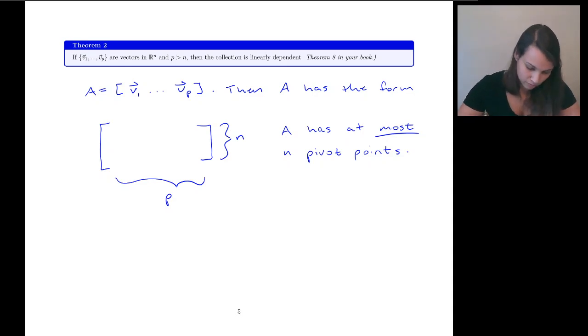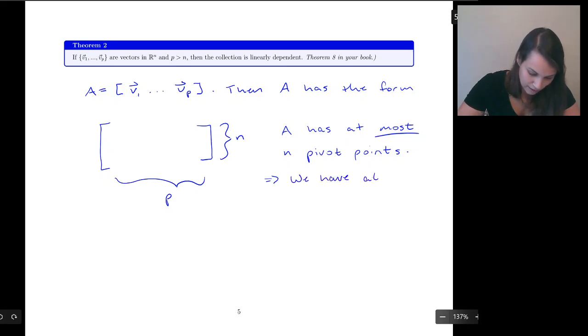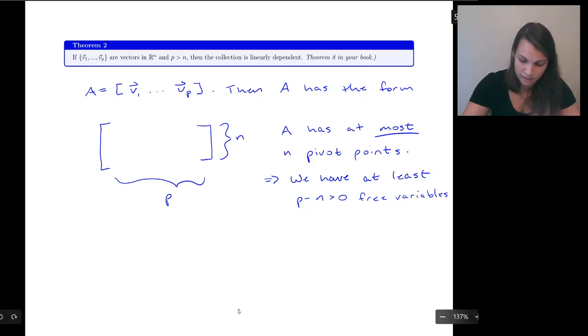That means we have at least p minus n free variables, and this is greater than 0, because I said p is greater than n, so then p minus n is bigger than 0.